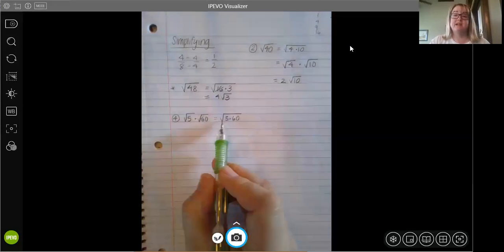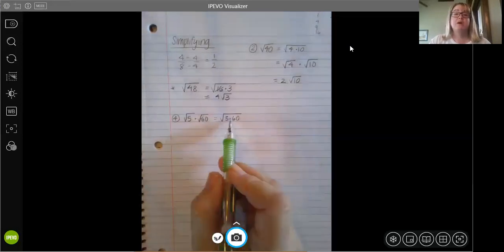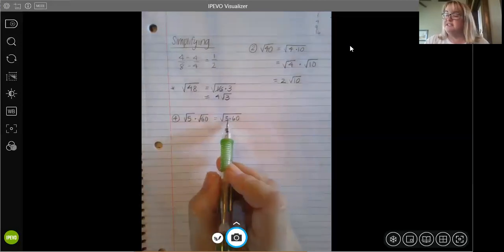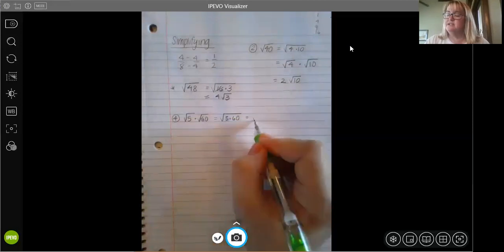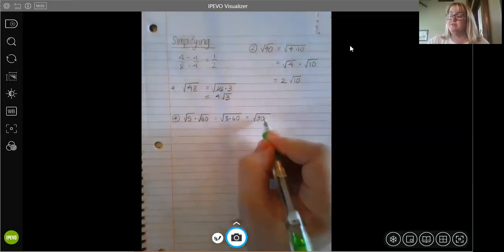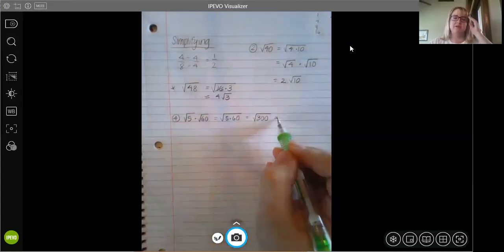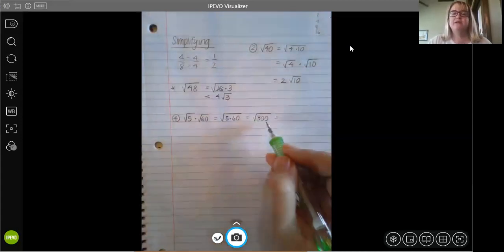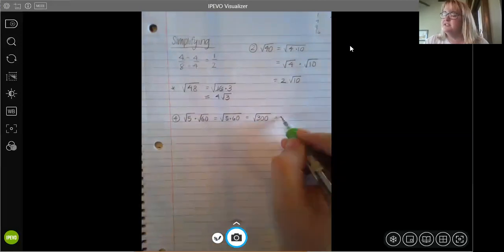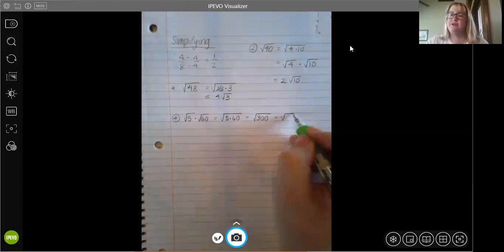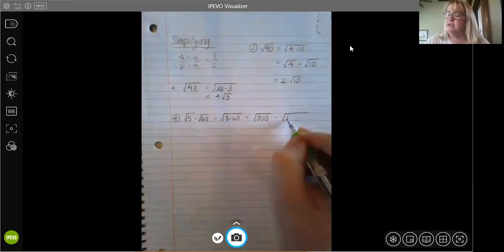All I did was write it in a different form. Well, we can multiply 5 times 60, and that is 300. So this is the same as the square root of 300. So I think, what is my largest square number that is a factor of 300? Well, 100 is a square number and a factor. So we're going to separate 300 into 100 times 3.